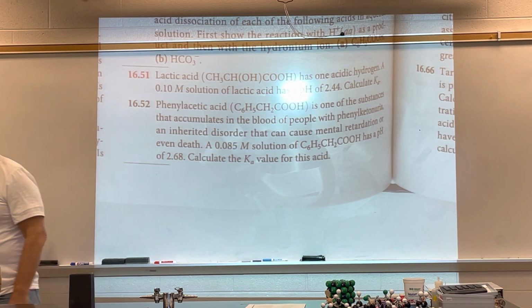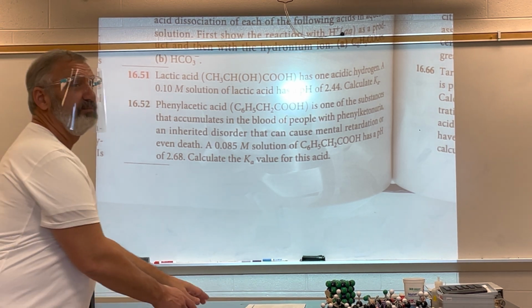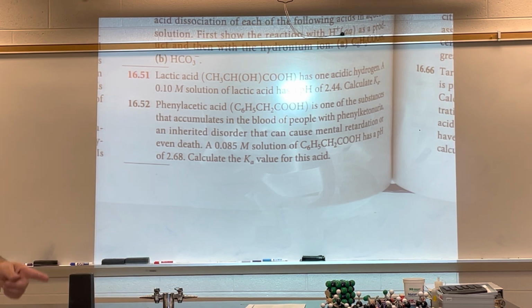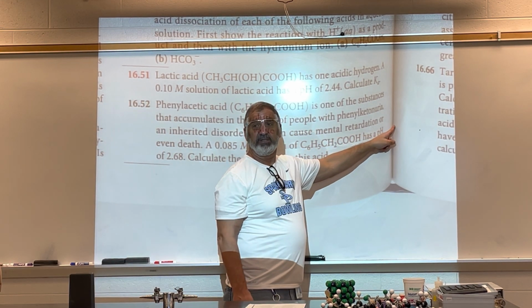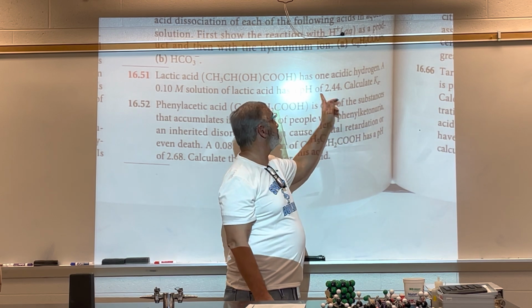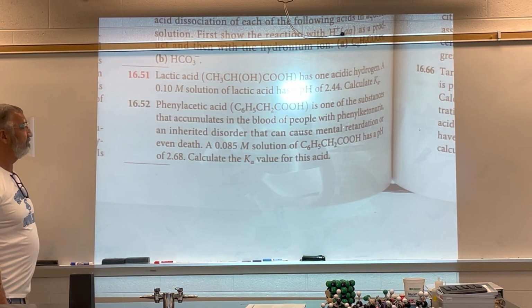And if you look on a bottle of Coke Zero, you will find that it has phenylacetic acid in it, and it has a warning on there for people with this. Okay? Because if you drink that, it's going to have a negative effect on you.